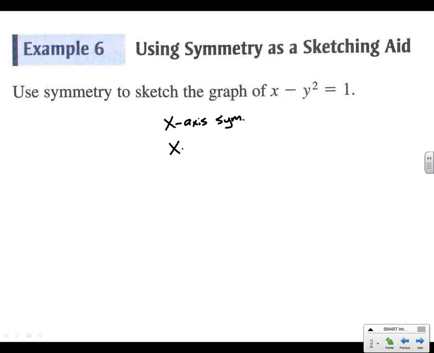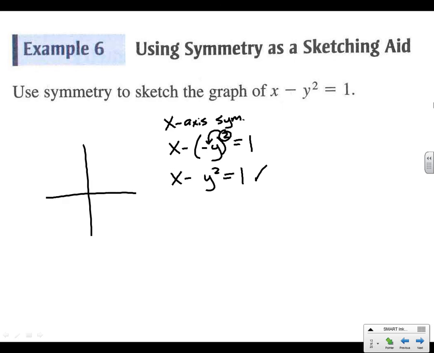So if I go x minus negative y squared, that's the same as x minus y squared, because when I square a negative, the negative goes away. And so this is exactly what I started with. So I know that my graph is going to be symmetric along the x-axis. So I only need to plot a few points to see what I'm going to get.